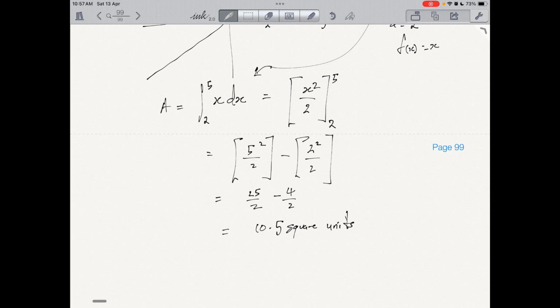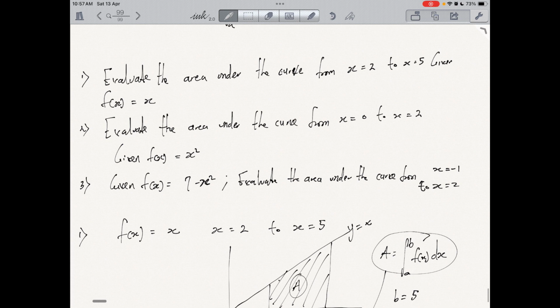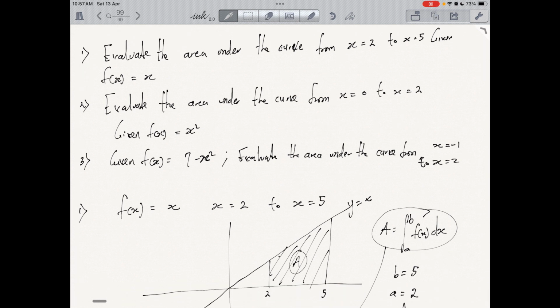Let's take another example. Number 2: evaluate the area under the curve from x equals 0 to x equals 2, given f of x equals x squared.